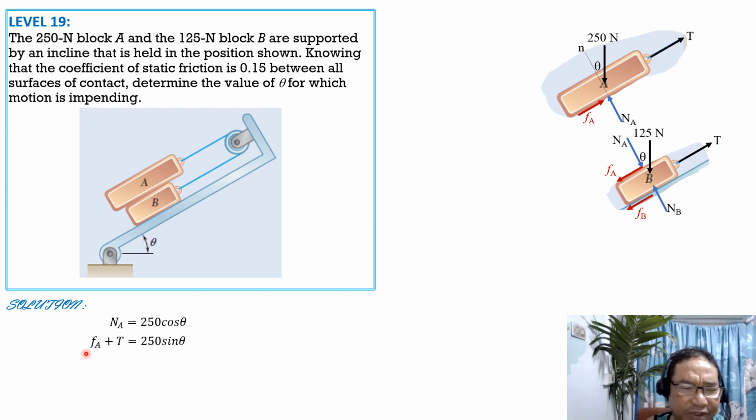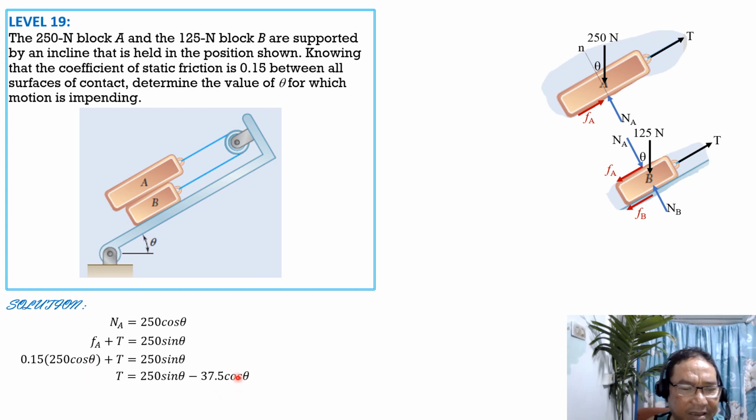Substituting the value of FA, which is equal to 0.15 times NA, we have 0.15 times 250 cosine theta plus tension equals 250 sine of theta. Solving for T, T is 250 sine theta minus 37.5 cosine theta.